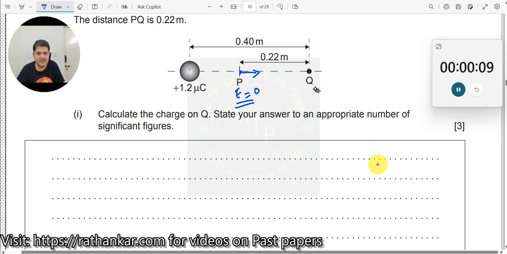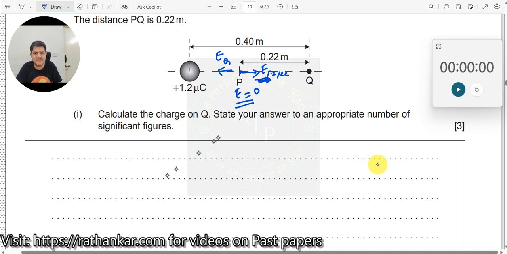See, if this was negative, it will also impose one more electric field like this. So therefore definitely this is not negative, this should be positive, so that this Q will now try to have an electric field in this direction. Okay, we already crossed the time. So therefore this electric field due to 1.2 microcoulomb will cancel with the electric field due to this, right? That's the equation.